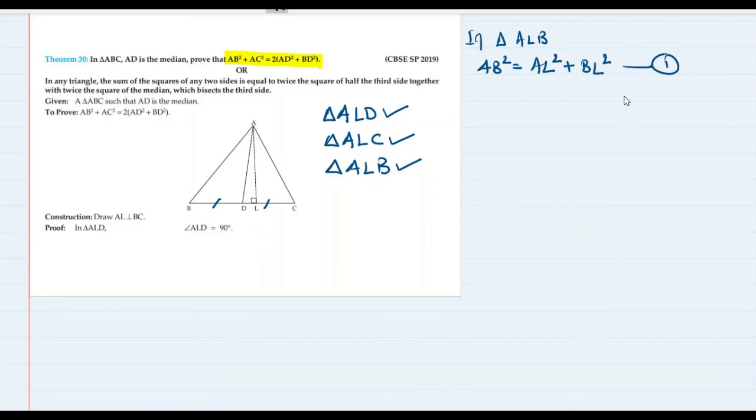Equation number 1 by Pythagoras theorem in triangle ALB. So at least we got the value of AB square, right?